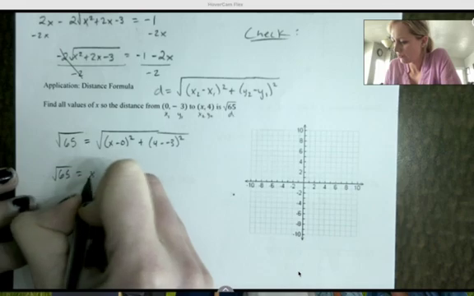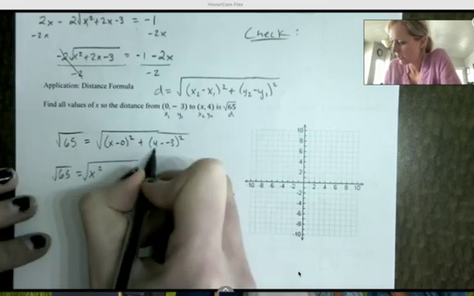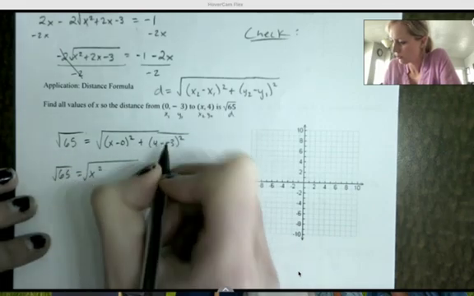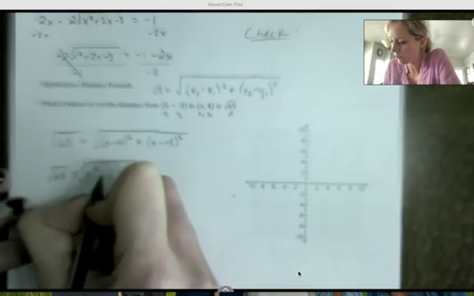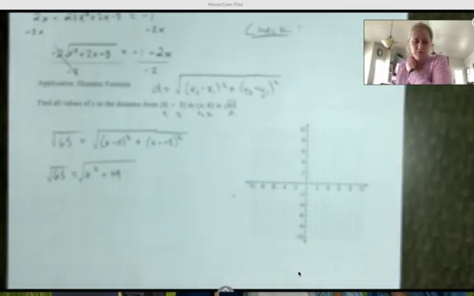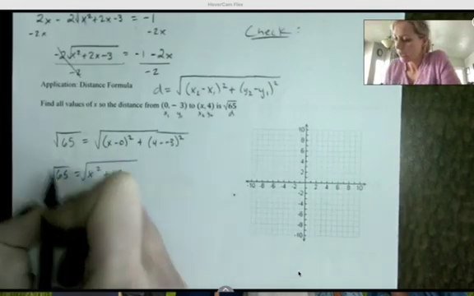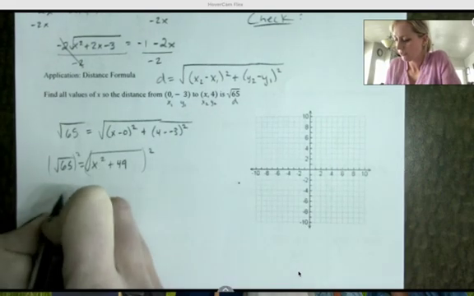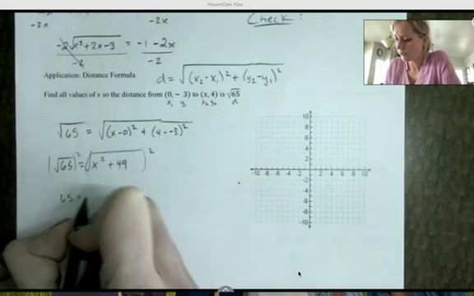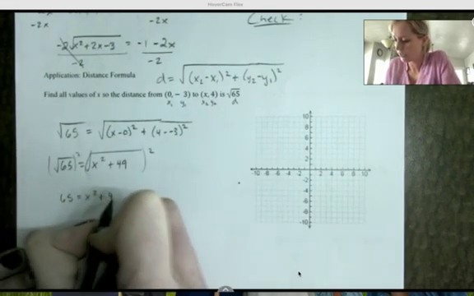So we've got x squared, and this becomes addition, so 4 plus 3 is 7, squared is 49. Now to solve for x, we can square both sides. So we get 65 is equal to x squared plus 49.